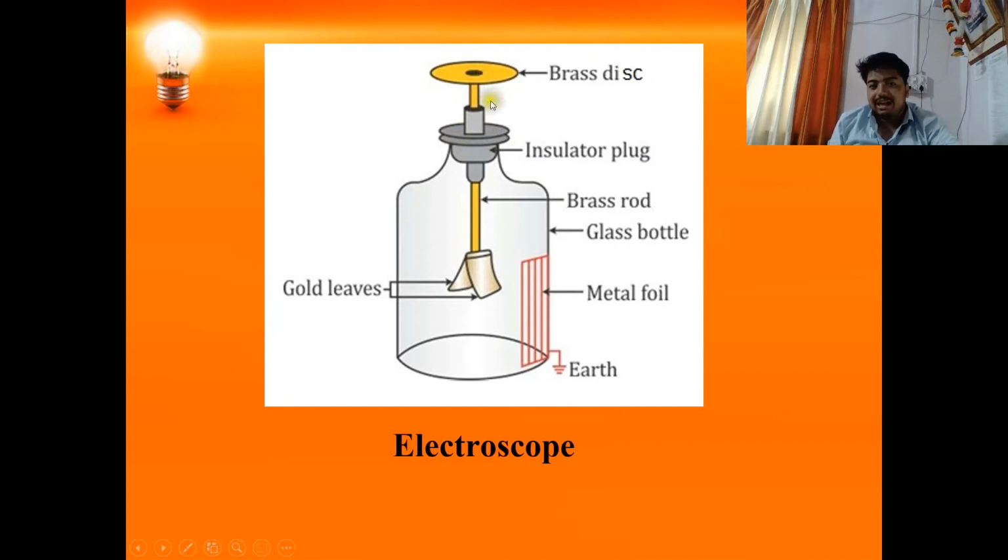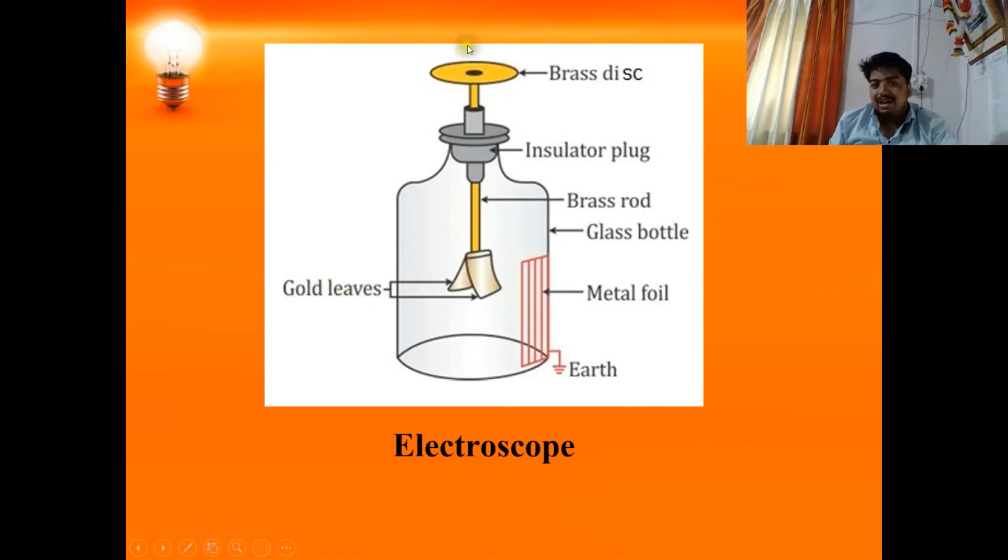If we directly connect this brass to the glass, it will automatically get earthed and there will be no net charge detected by the gold leaves. Now when we place a substance on which we have to detect the net charge here, if the substance has net negative charge, the whole charge is distributed along this brass disc or brass rod, and this charge gets towards the gold leaves.